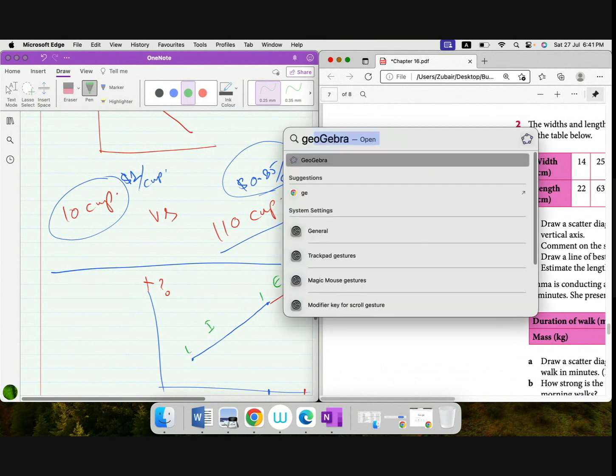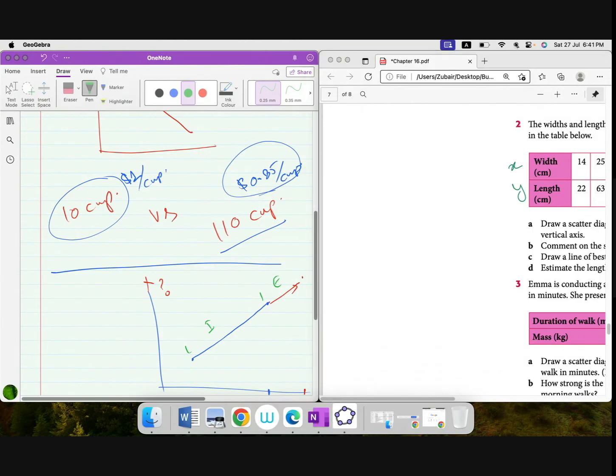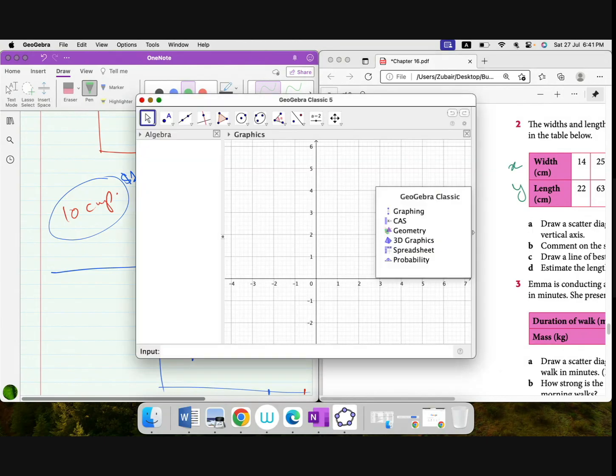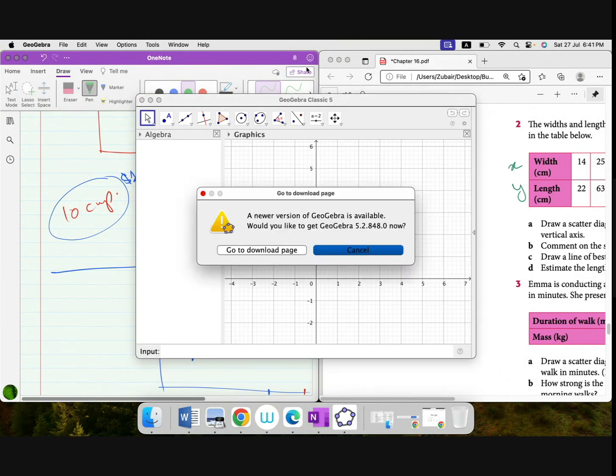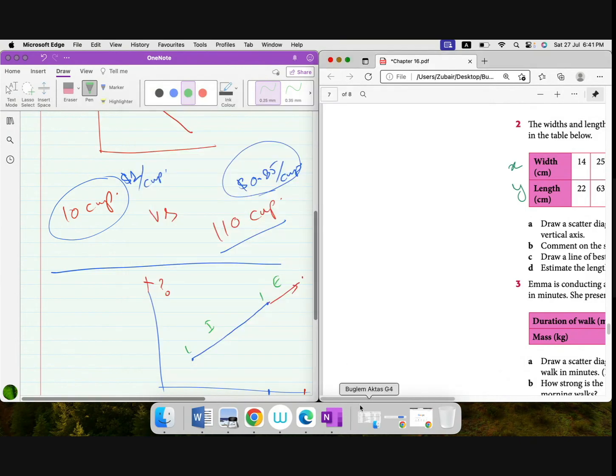And for now, let me use this. Just a second. Maybe I have a graph. Let's download one.